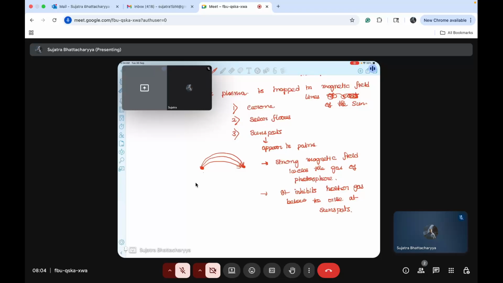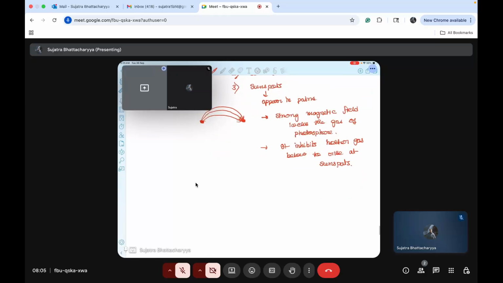Just remember that there are pairs of sunspots. There can be many, but there is one pair of sunspots from where the magnetic field lines generally get trapped. Okay, so these are a couple of things.